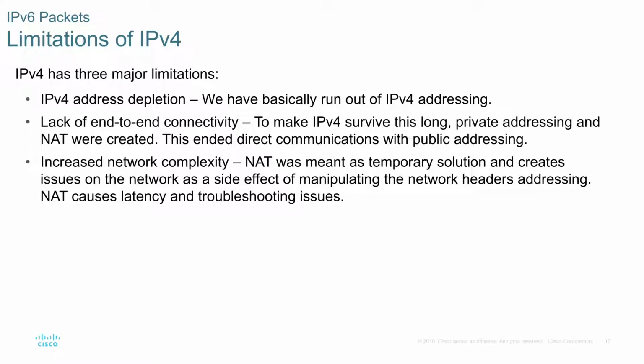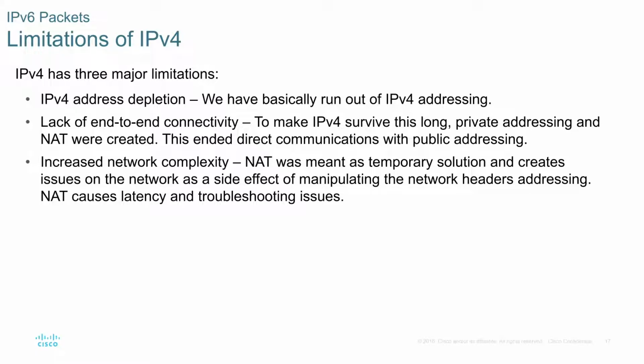We ran out of IPv4 addresses. One of the processes that was created because of this depletion was network address translation, and we ended up with a lack of end-to-end connectivity in that the same IP address does not continue throughout.